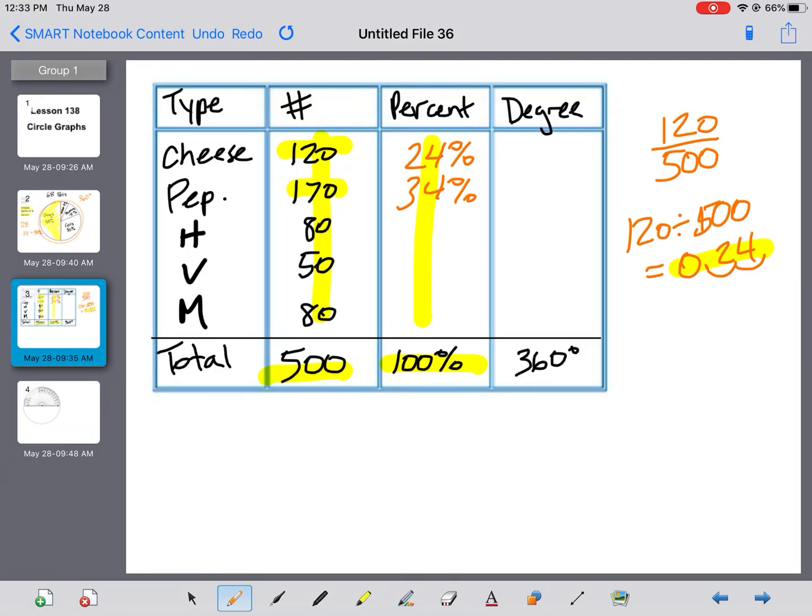And all you have to do to convert the percents to degrees is think about remembering our percent times whole equals part. What you're really trying to find is the percent of 360.